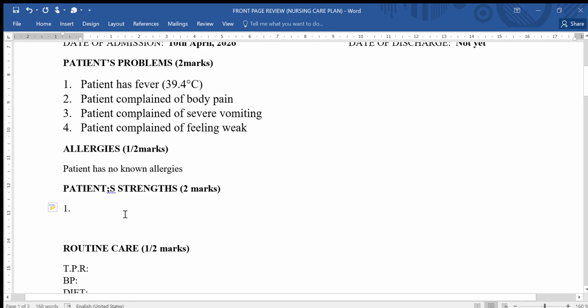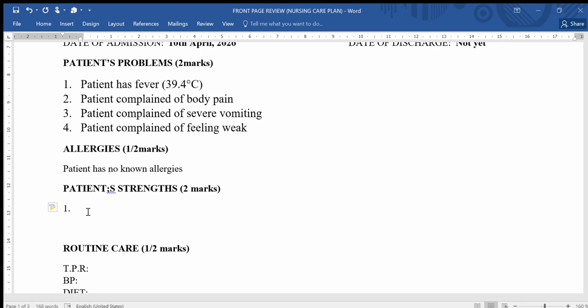So here we could say that the underlying cause of this fever is the plasmodium what? Infection, so that infectious process ongoing is the reason why you have this high fever. So if the patient can tolerate or is willing to take prescribed medication or antibiotics, then that has become a strength for the patient.